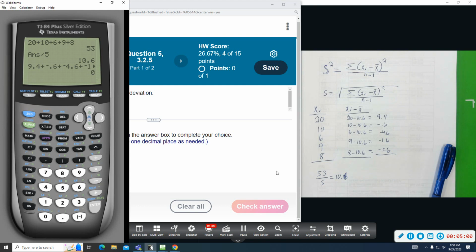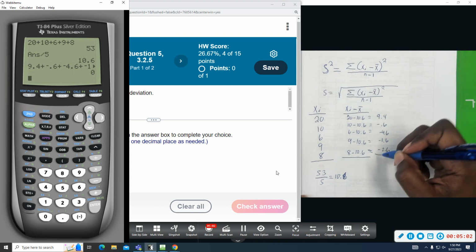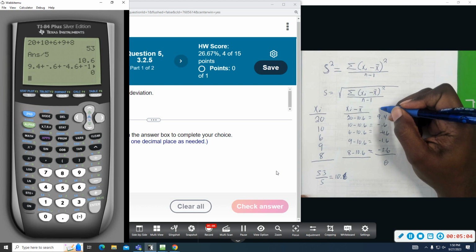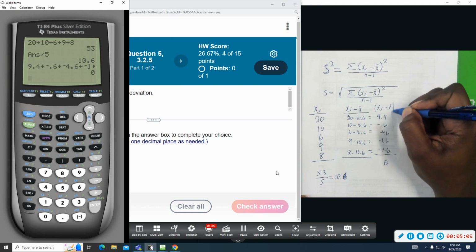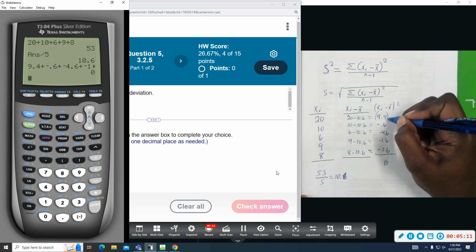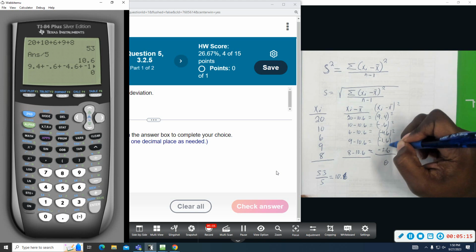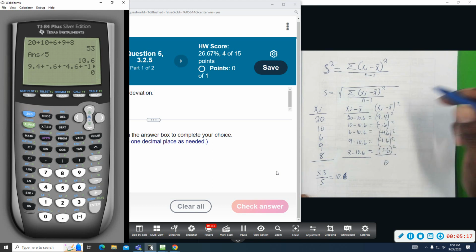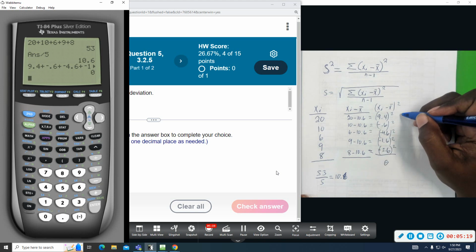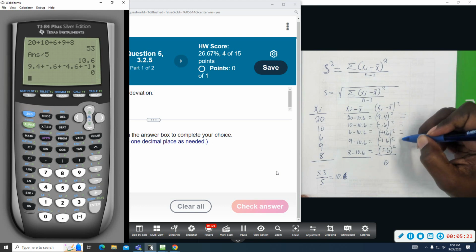So then you take these differences and you square them. So this is that form. You're going to square all these numbers. Again, I'm going to use the calculator to compute these values.